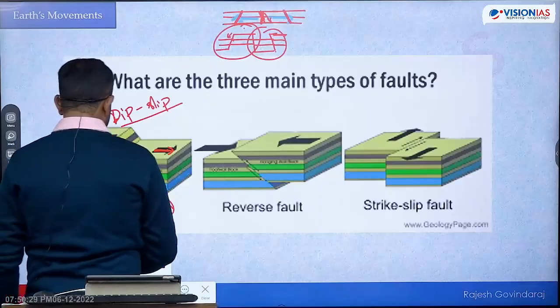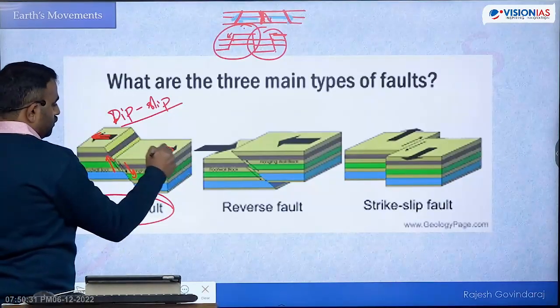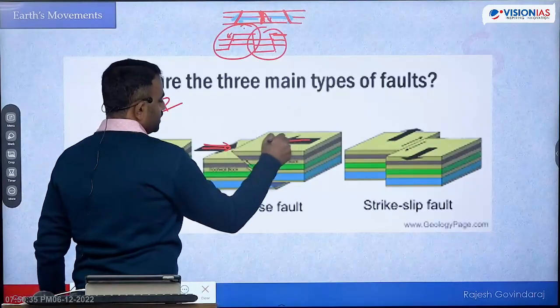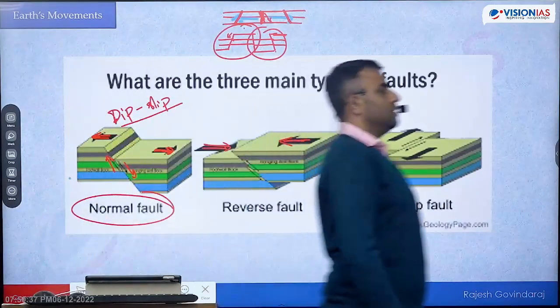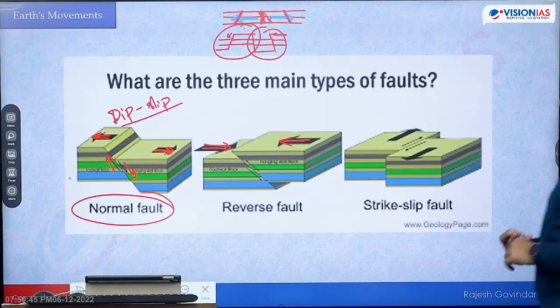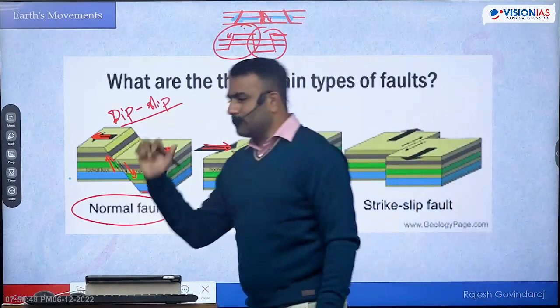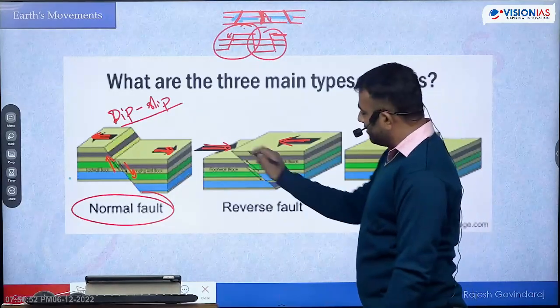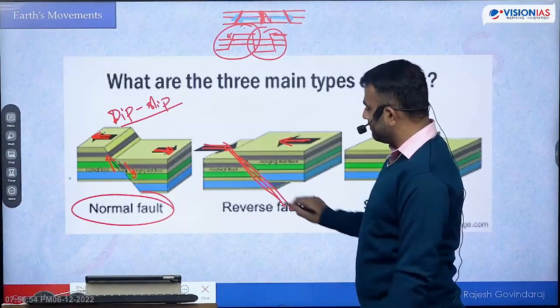But this doesn't always happen, that these blocks move away from each other. Sometimes these blocks move towards each other also. How is it possible? That would be compression, so this is a reverse fault. In normal cases, it is due to the tensional force.